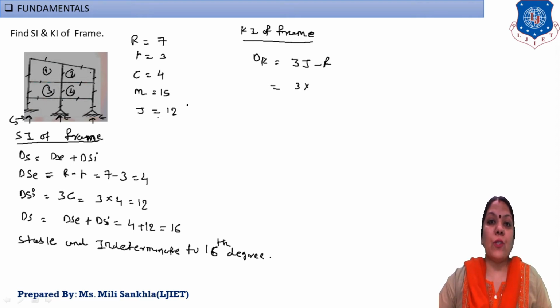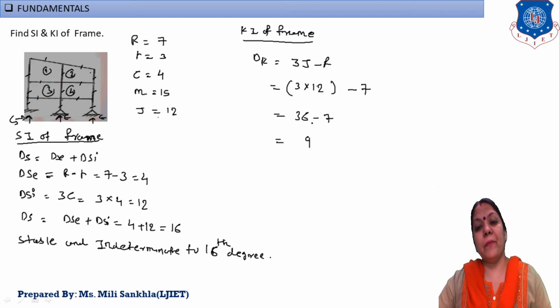J for joint is equal to 12, and number of support reactions is given 7. Now 12 3s are 36. 36 minus 7 is equal to 29.